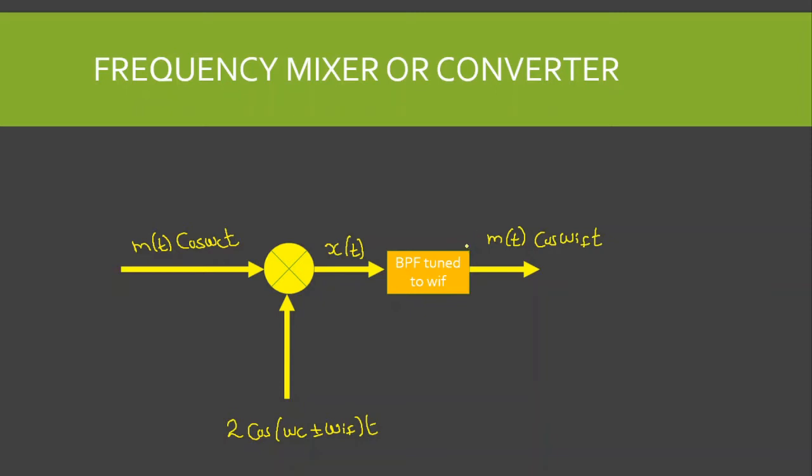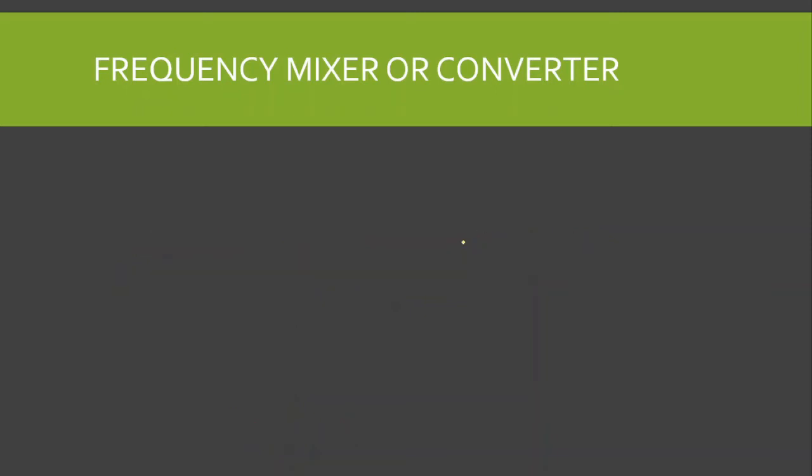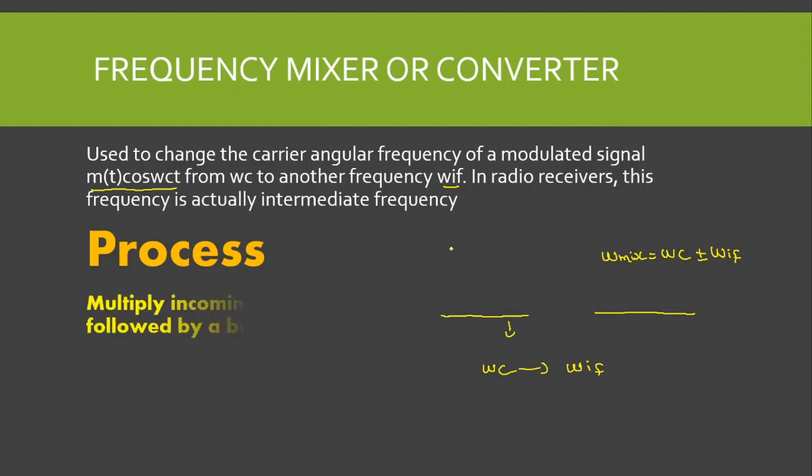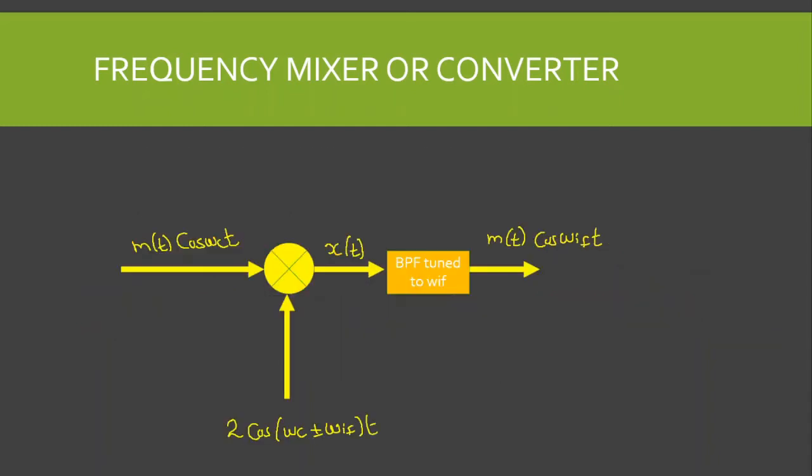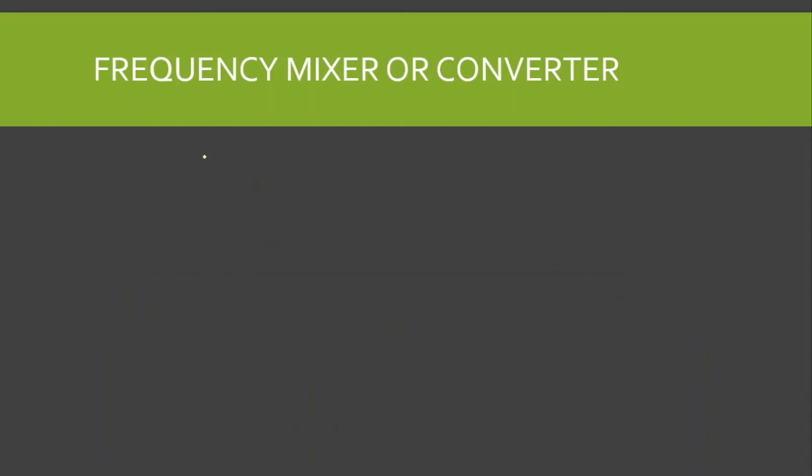Let us do it mathematically. So what was the process? The process was to multiply the incoming modulated signal m of t cosine omega_c t by 2 cosine omega_mix t. For example, we have the incoming modulated signal, which is m of t cosine omega_c t. Now this is going to be multiplied by 2 cosine omega_mix t. Let me name it x of t.